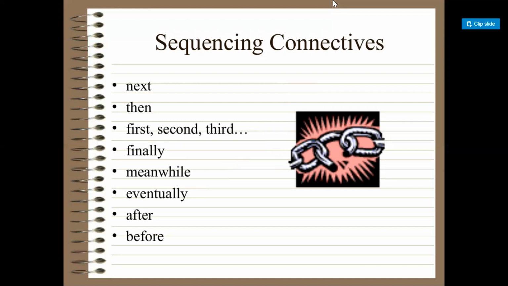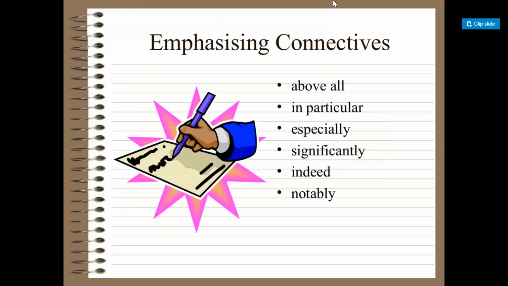The next one is emphasizing connectives. Emphasizing is to highlight certain points. These connectives help us highlight certain things or points in a sentence or in a paragraph. For example, work hard especially if you wish to top the class. So the word especially is seen here.